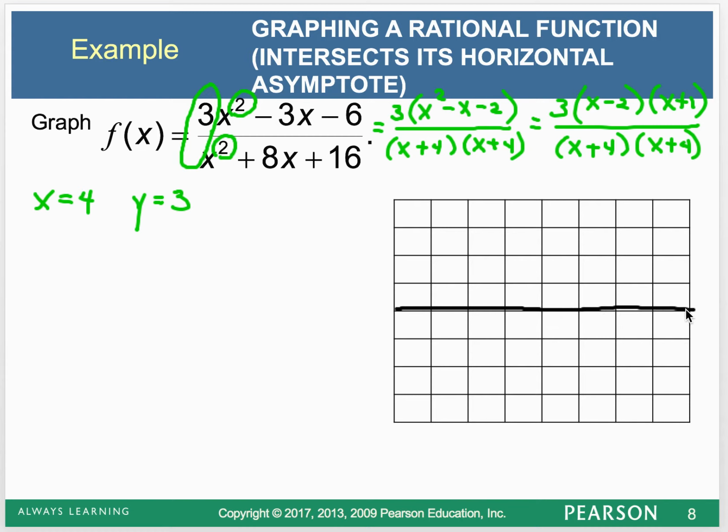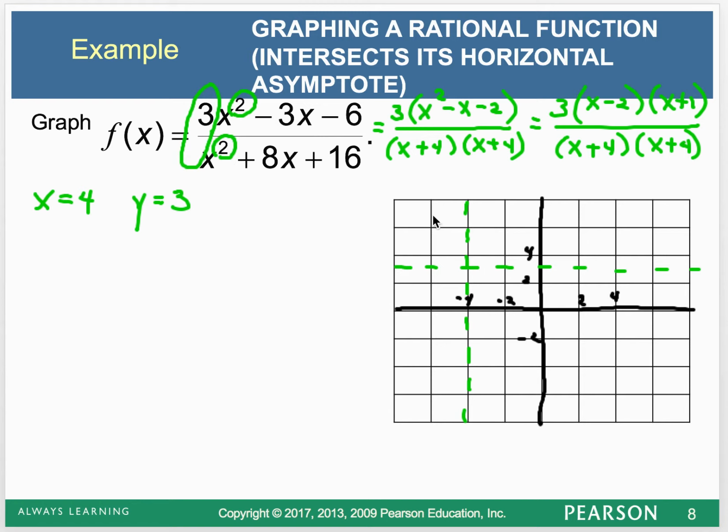So let's draw those in, and this time let's go by 2's on both of them, just to see. So the vertical asymptote would be right here, and y equals 3 would be right here, just like the others.